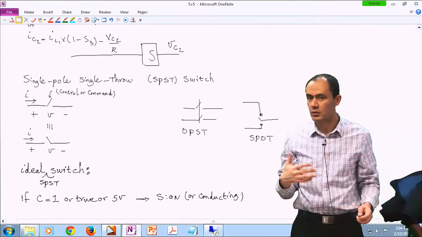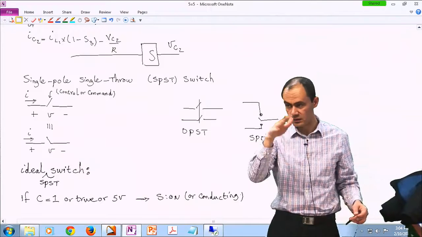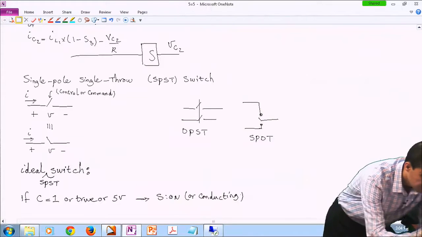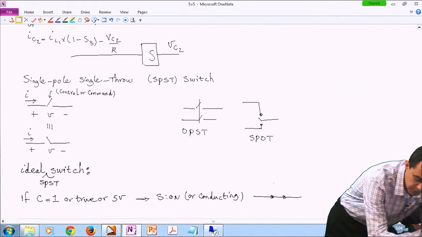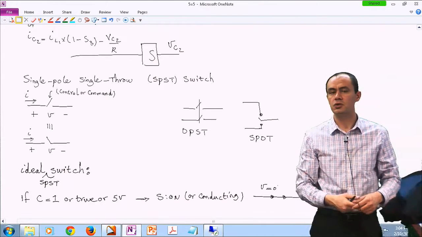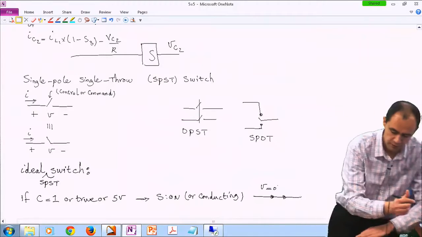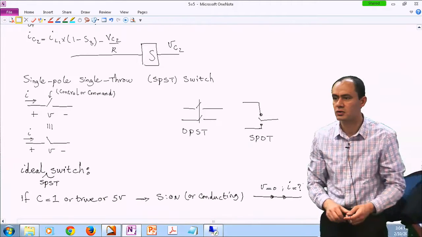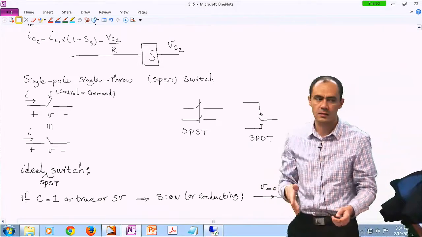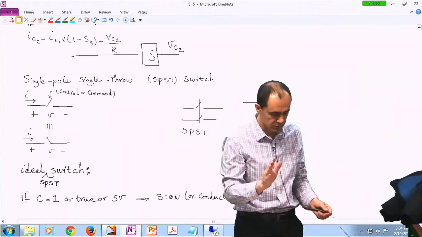Sometimes the switch is on, but it's not really conducting because, for instance, the current is flowing somewhere else. And we usually show it with a short circuit. So that means the voltage drop across the ideal switch is 0, doesn't matter how much current is passing through. We don't really know how much current is passing through the switch. The rest of the system determines the amount of current. So we only know that the voltage of the switch is 0.